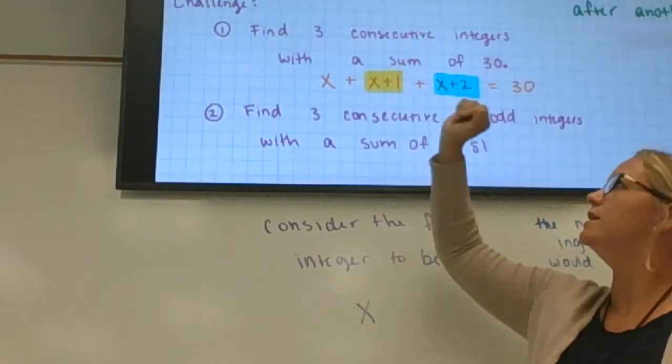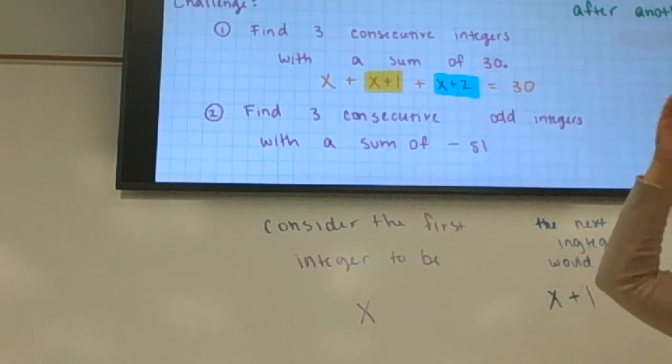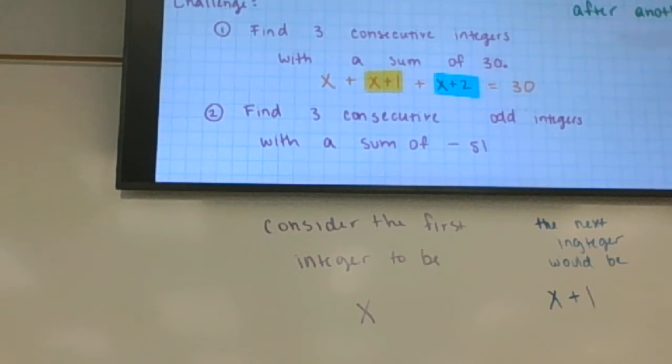Some number, another number, and the next number, all added together make 30. So the first thing we would do is combine like terms. Here are my like terms: 1, 2, 3 x's, 3x. My other like terms will be the constants. 1 and 2 is 3, equals 30.